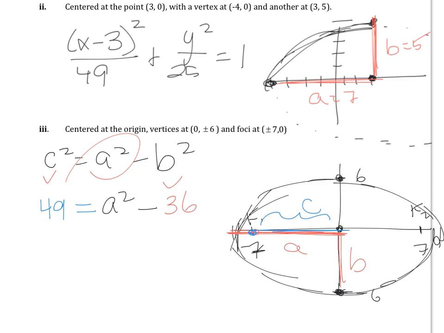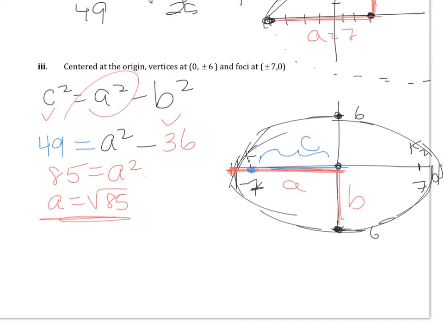And now we're just going to solve the equation. 49 plus 36, so 85 is equal to a², which means that a is the square root of 85, which is rather ugly. The square root of 85 is a little bit more than 9. This is like 9.2. But we're not really trying to graph this, so we don't really care what that value is. We really need the a² value to write our equation.